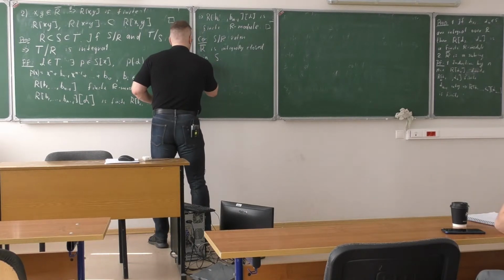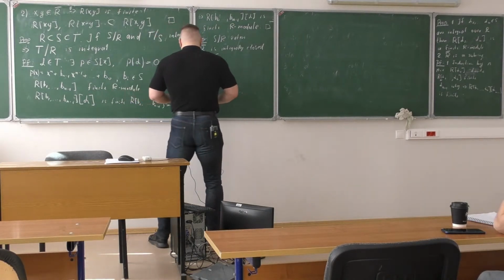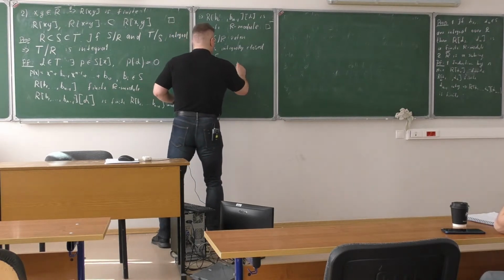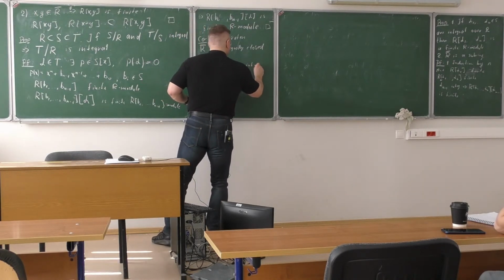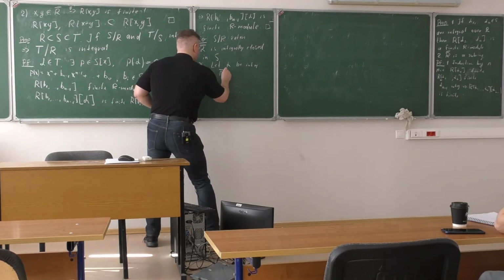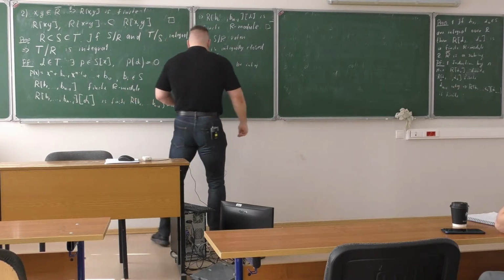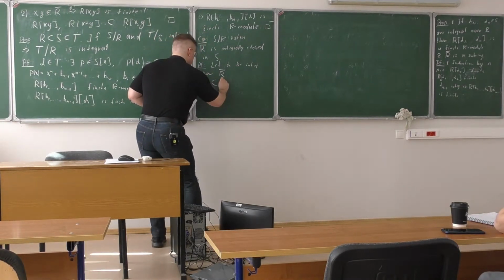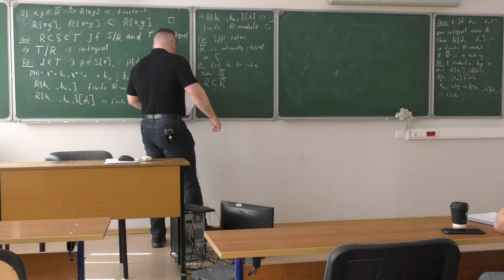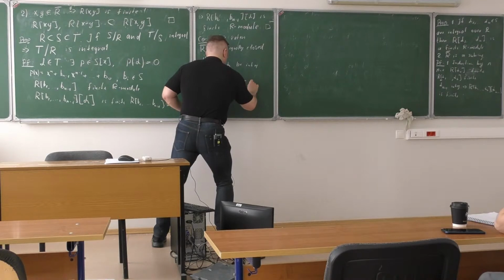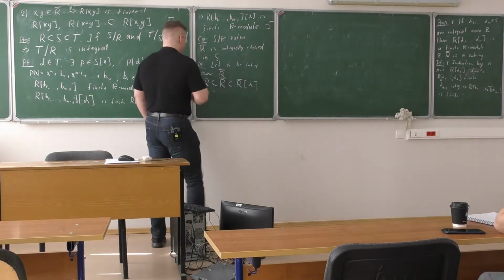So, proof. Okay, so let alpha be integral over the integral closure, R bar. So what we have here: R always sitting inside R bar, and then I adjoin element alpha.